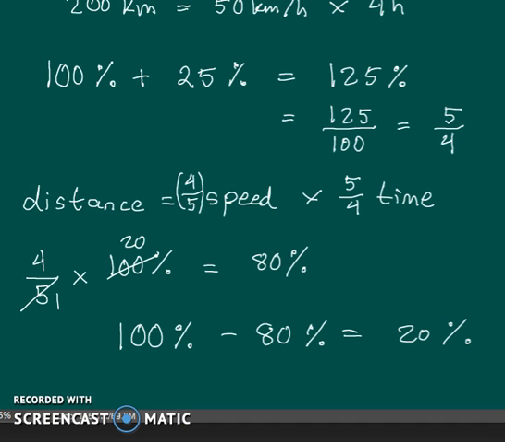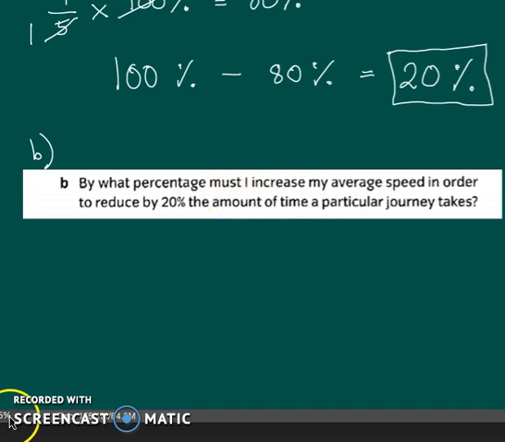Let's look at the second part of the question. In this case, we want to increase our speed so that we can decrease the amount of time our journey takes. So specifically, we want to reduce by 20% the amount of time that the journey takes.